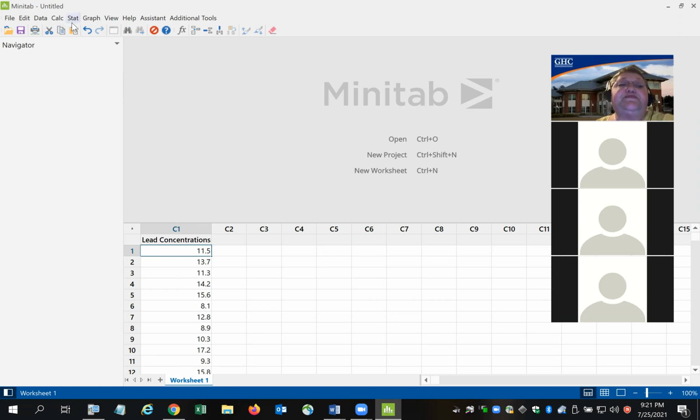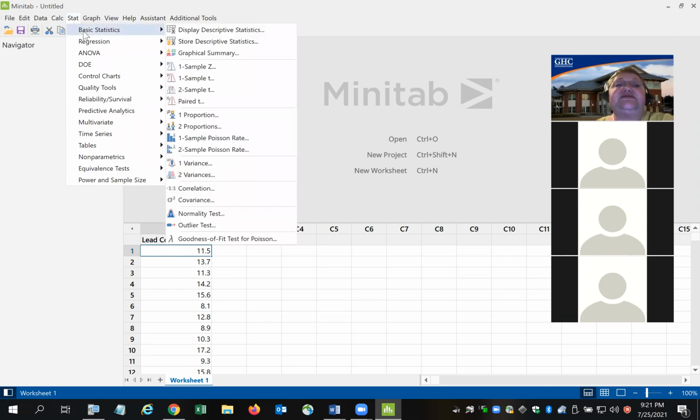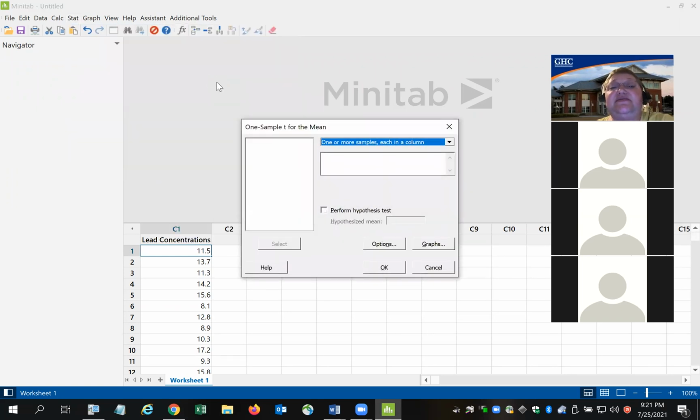So we go to Stat, Basic Statistics, 1 Sample T. In this case, I do have my sample in a column. I don't have the summarized data. I have the raw data. So I have to tell it, here's the data, so it can do all of the work behind the scenes. I am performing a hypothesis test.